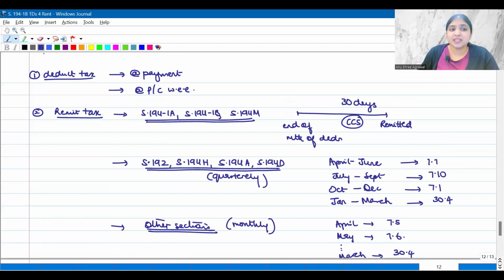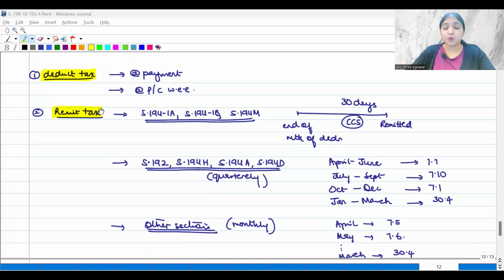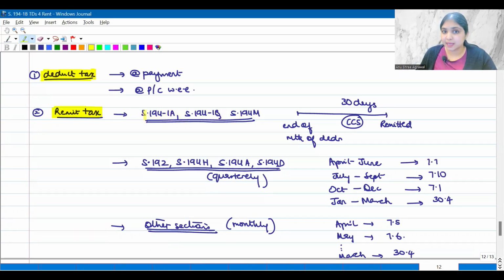Okay, so the first responsibility of the deductor is that he has to deduct the tax. Second responsibility, he has to remit the tax. Now, when will he remit the tax? If I'm talking about 194IA, IB and 194M, 30 days from the end of the month of deduction, he will remit the tax. For 192 and the four sections, quarterly he will remit the tax by 7th of the next quarter.